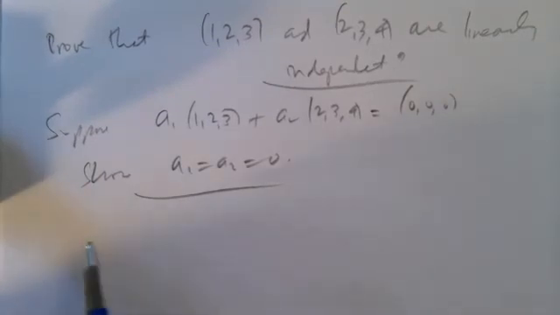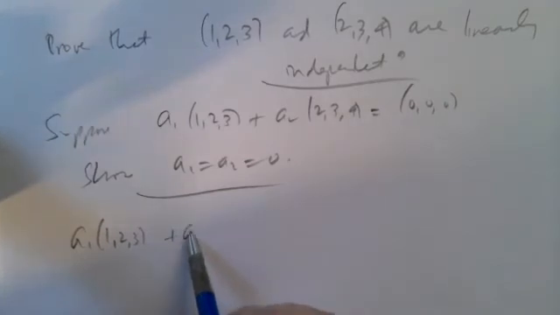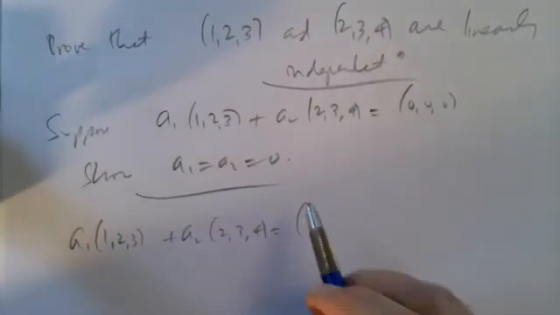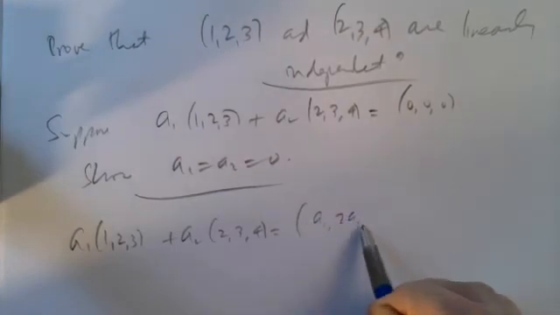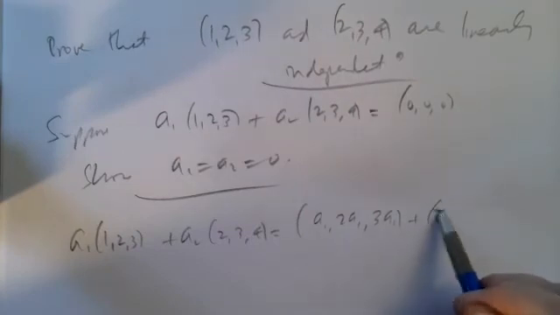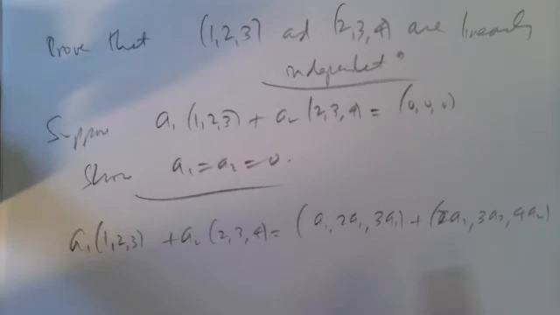Let's see. What will we say? a1 times (1, 2, 3) plus a2 times (2, 3, 4). This is the vector (a1, 2a1, 3a1) plus (2a2, 3a2, 4a2).